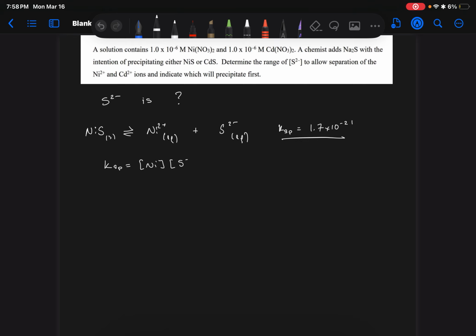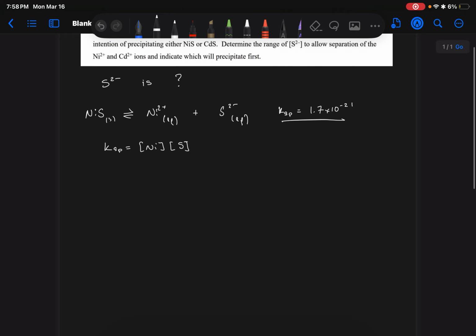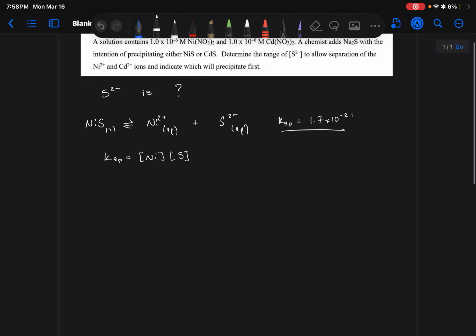We're not including nickel sulfide because that's a solid, and we only include aqueous species in our equilibrium constant expression. So what do we need to do now? We need to find the sulfide concentration. So Ksp over nickel concentration is going to be equal to sulfide concentration. Now we just have to solve that.